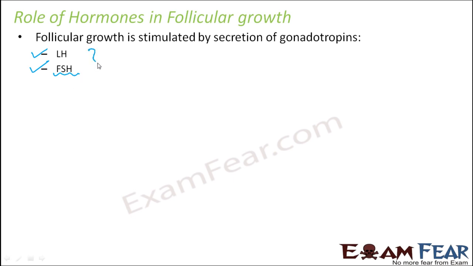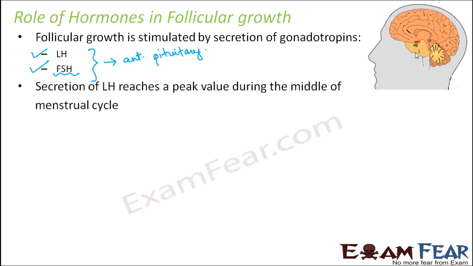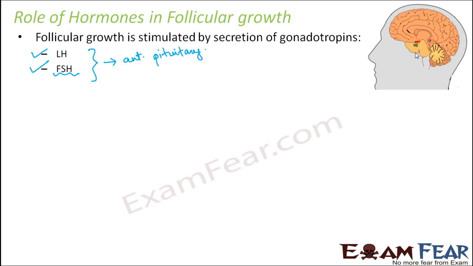Now the question is, who releases these hormones? We all know that these hormones are released by the anterior pituitary gland. Now who tells the anterior pituitary gland to release these hormones? The instruction to the anterior pituitary is given by the hypothalamus.